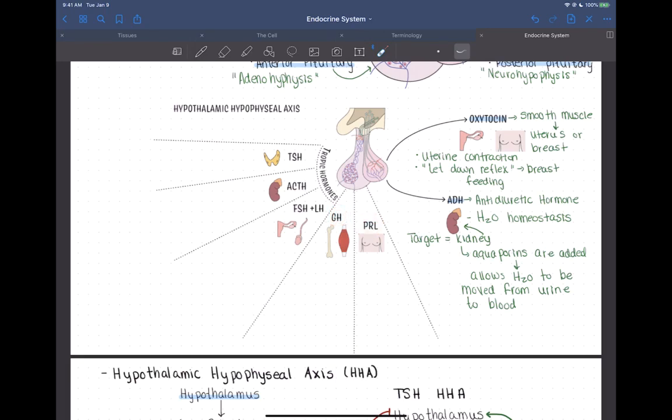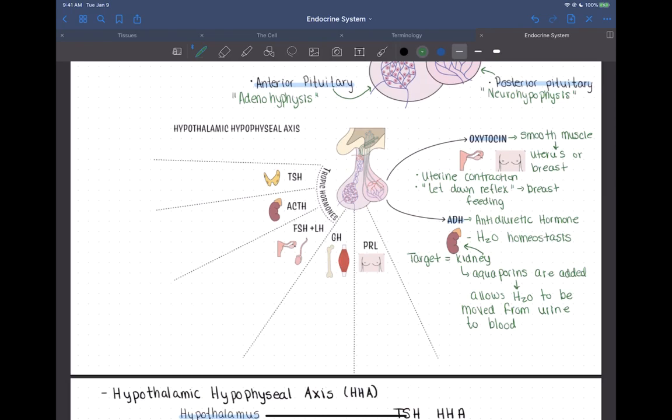However, from the anterior pituitary, there's another major category of hormones, and those are called tropic hormones. All right, so tropic hormones. By definition, I'm going to write it up here where I have a little space. And this is really important to understand: a tropic hormone is a hormone that acts on another gland, okay?